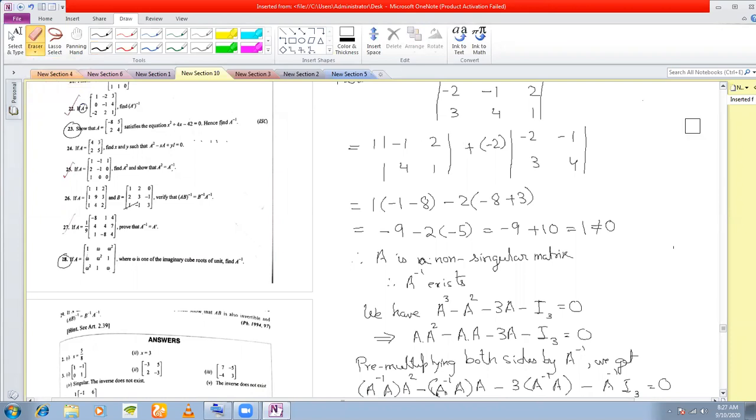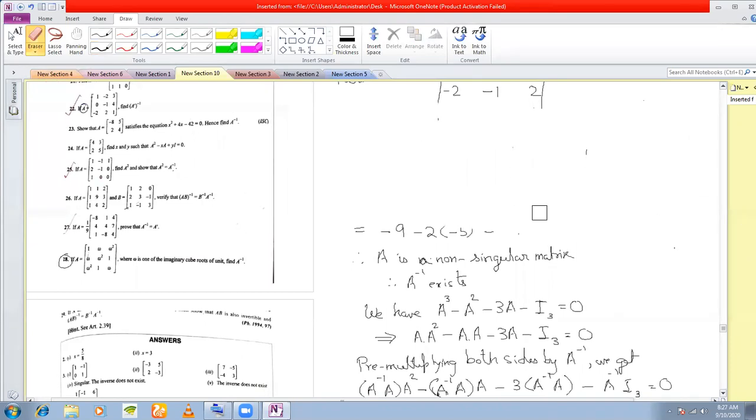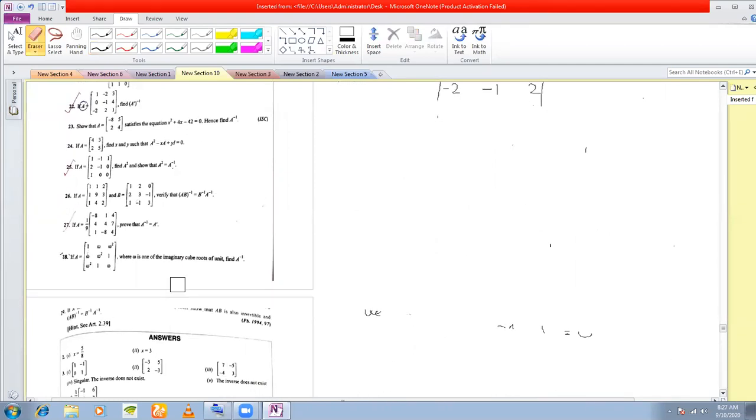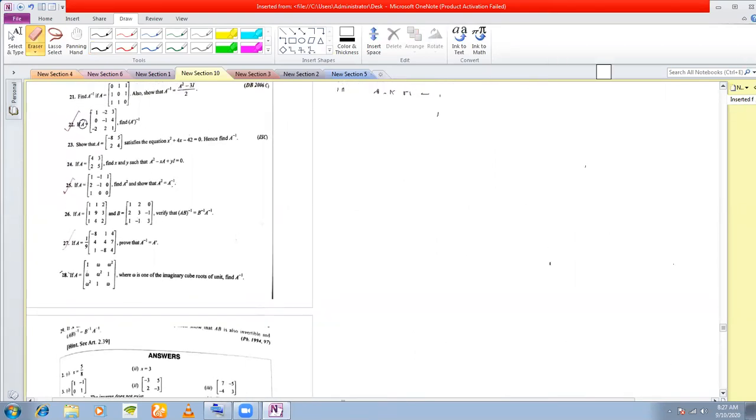We have not done complex numbers for a very long time. Let us do one sum from matrix and complex numbers, a combination of both.